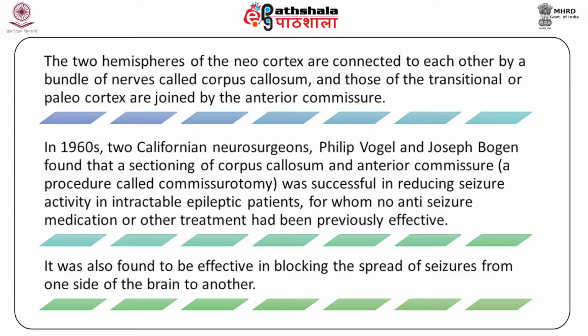It was also found to be effective in blocking the spread of seizures from one side of the brain to another. The functional asymmetry of the two hemispheres has been studied with the help of the split brain caused by severing the corpus callosum, which joins the two halves of the brain.